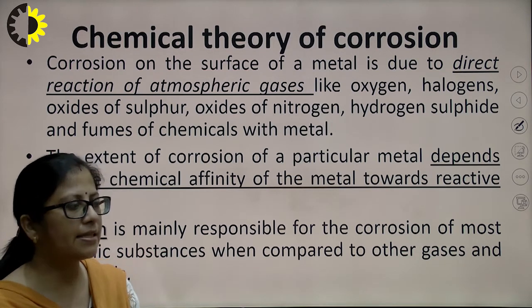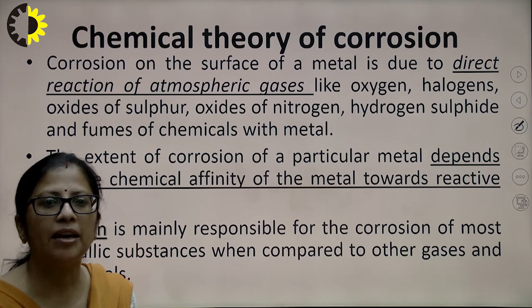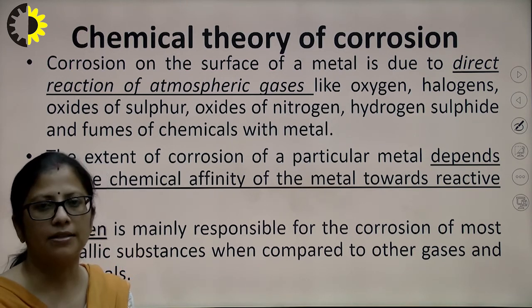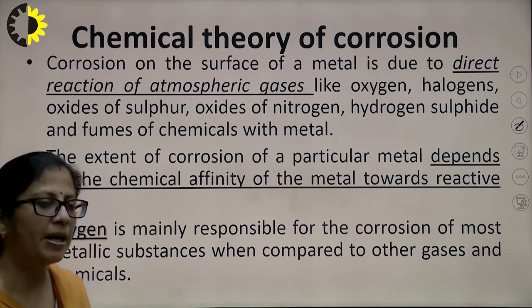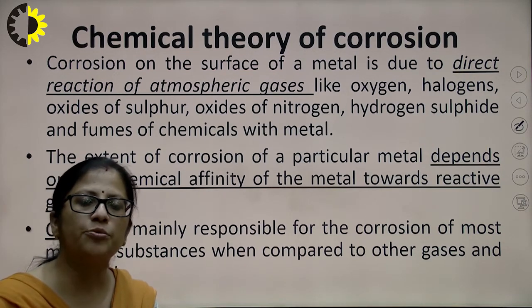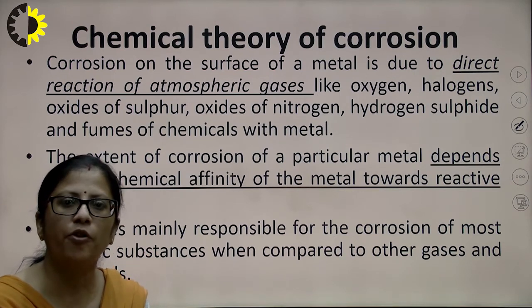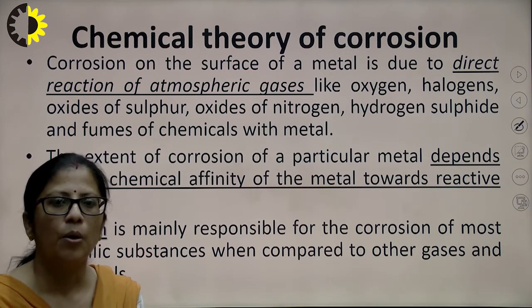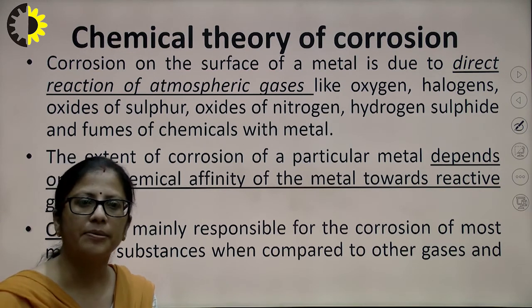The extent of corrosion in this case depends on the chemical affinity of the metal and the reactive gases. The main reaction of metal here is with oxygen. So, we can say oxygen is mainly responsible for the corrosion of most metallic substances when compared to the other gases or chemicals.